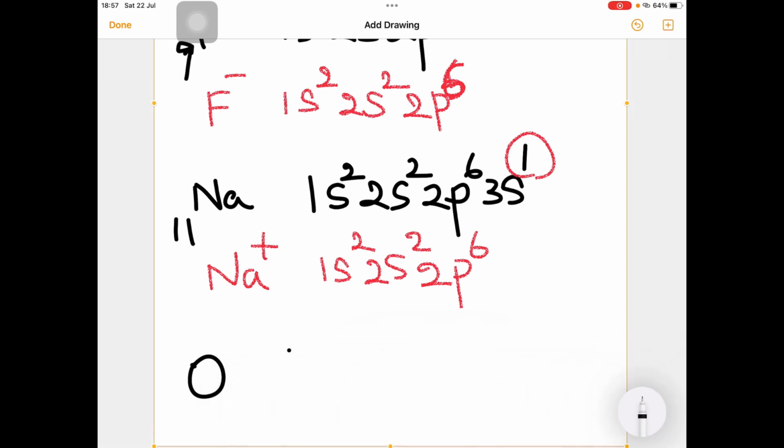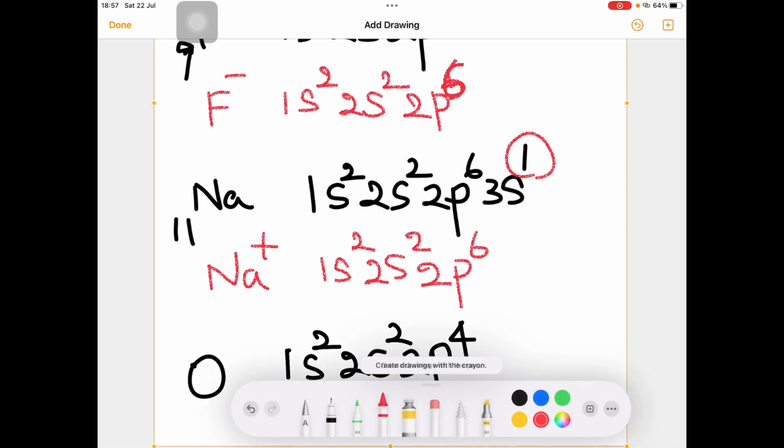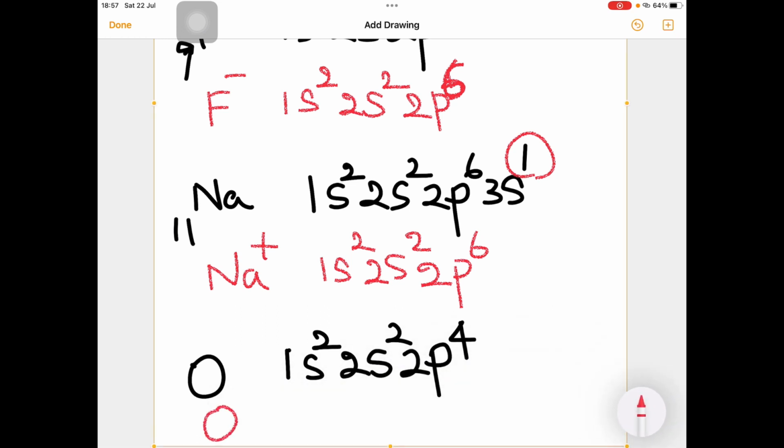The electronic configuration of the neutral oxygen atom is 1s2, 2s2, 2p4. When it comes to the oxide ion, or O2-, there are 2 extra electrons present. So 1s2, 2s2, 2p6, because 2 extra electrons are added to the 2p4.